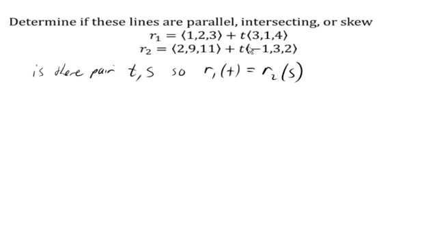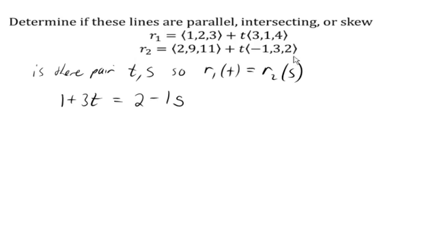So looking at the x components, in the first equation we'd have 1 plus 3t. In the second line, again using s as the input now, 2 minus 1s as the x component.